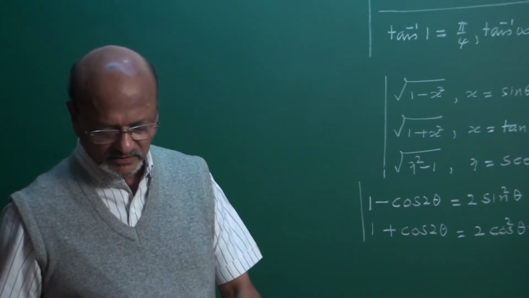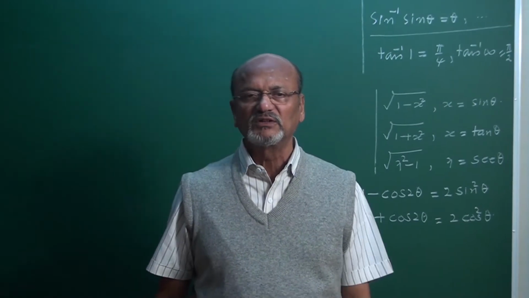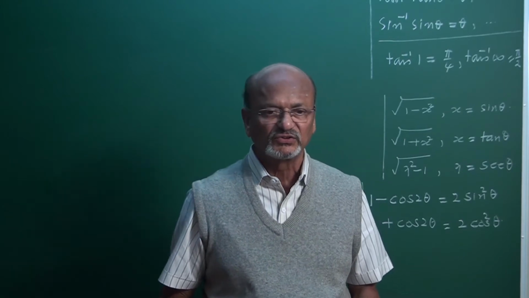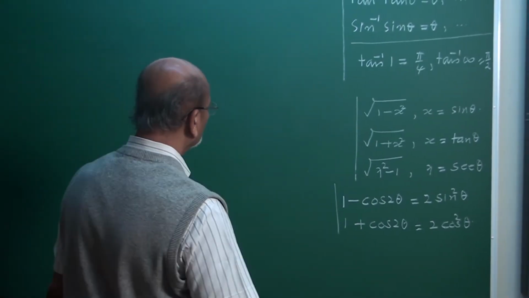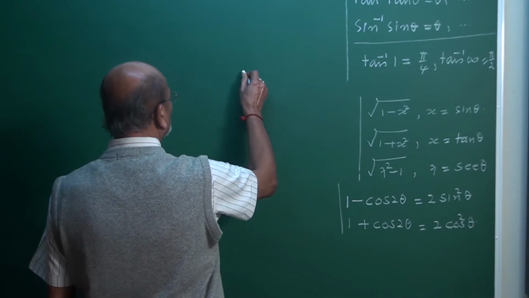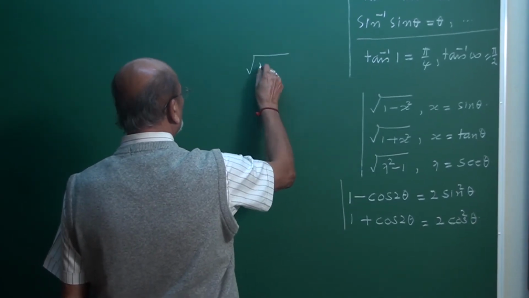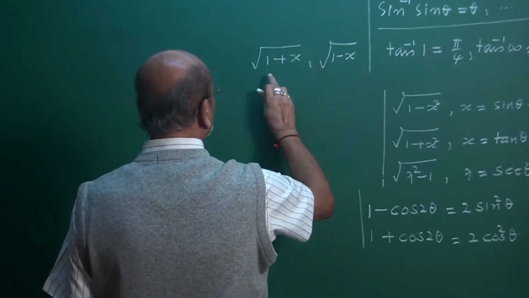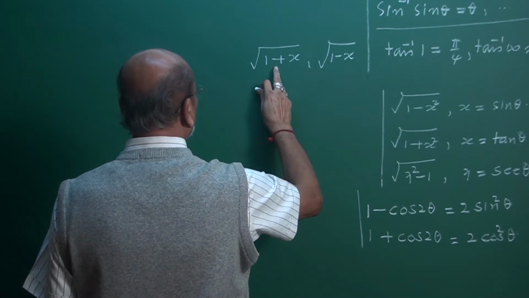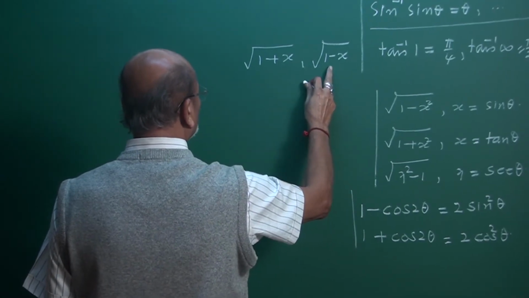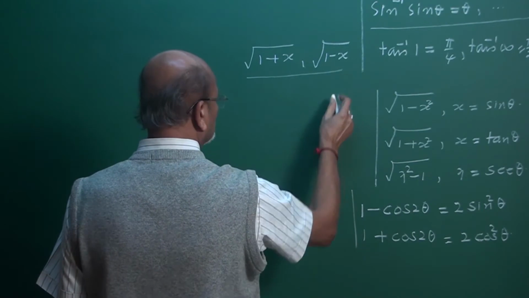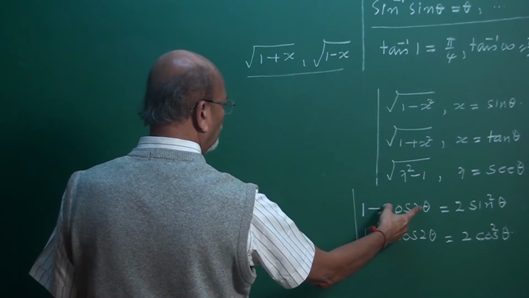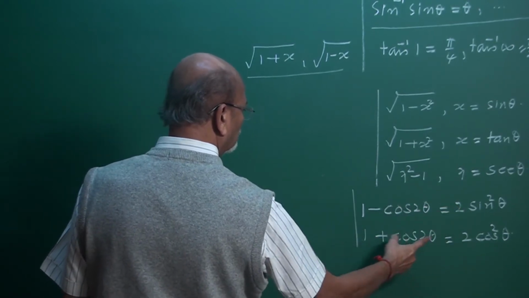Okay. Then only one example is left with this substitution. If the expression contains root 1 plus x and root 1 minus x, either both or otherwise one of them, in such cases, my friends, I explained well in advance. 1 minus cos 2 theta is this, 1 plus cos 2 theta is this.